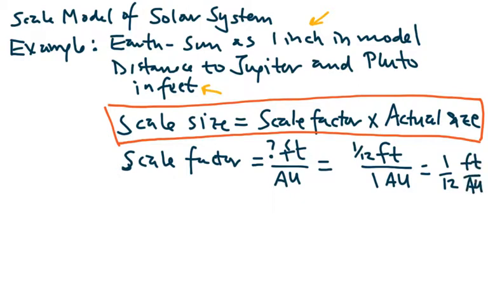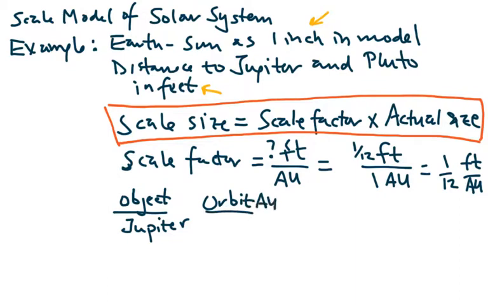So now we'll have a table of the two objects that we're interested in. So we'll have the value for Jupiter. So its orbit in astronomical units is 5.2. And what we would like to know is the scaled orbital size in feet.